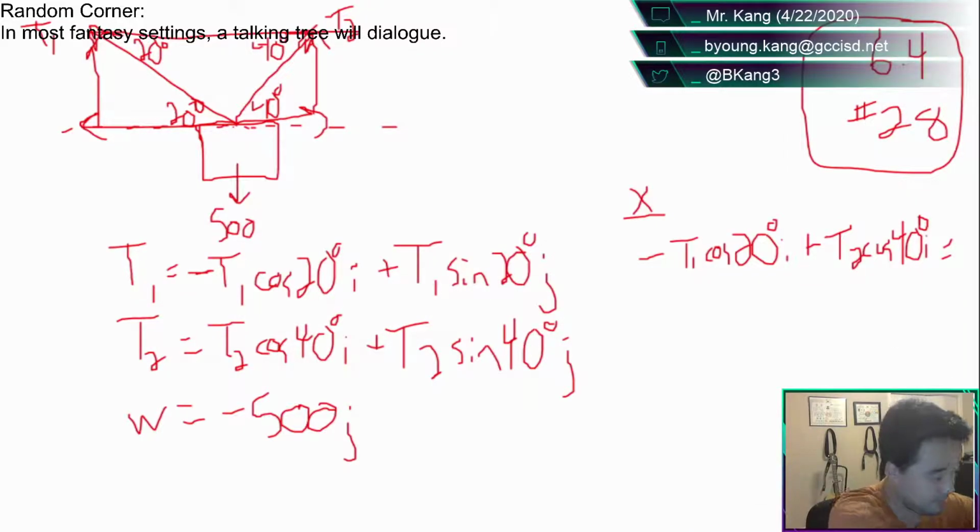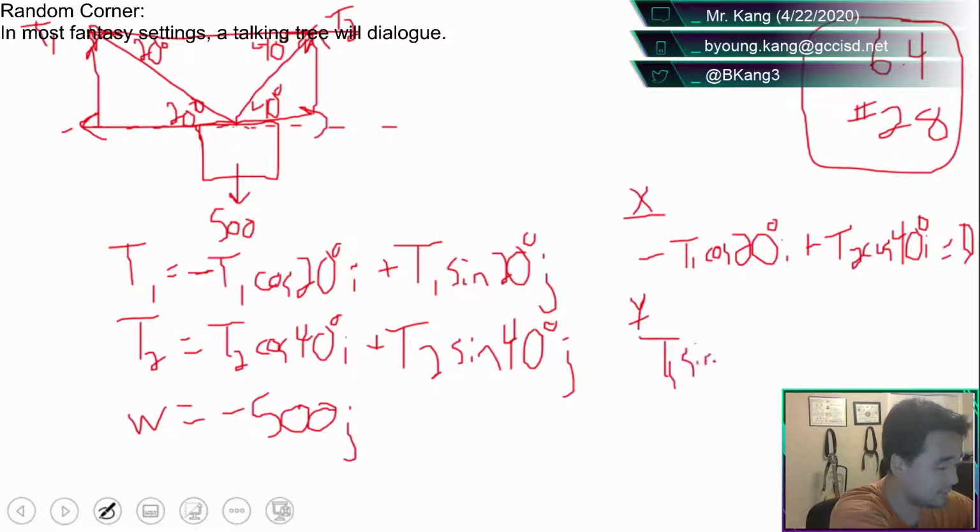And in the y components, you got T1 sine 20 degrees J plus T2 sine 40 degrees J minus 500 J equals 0.